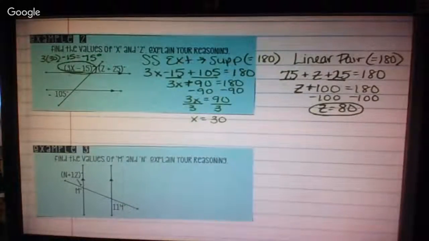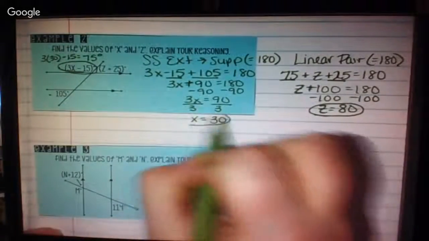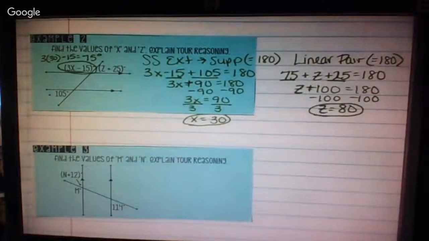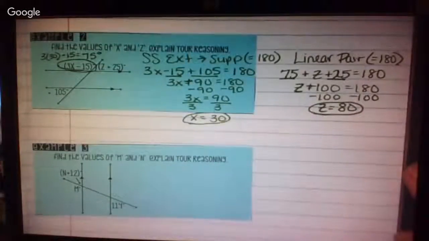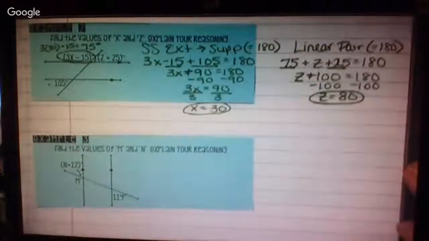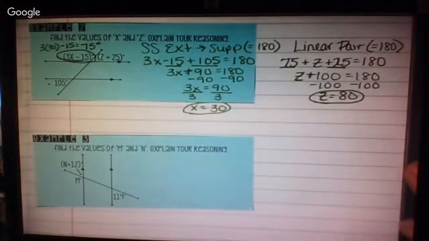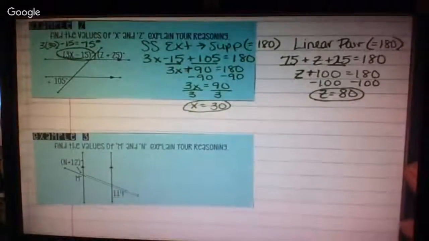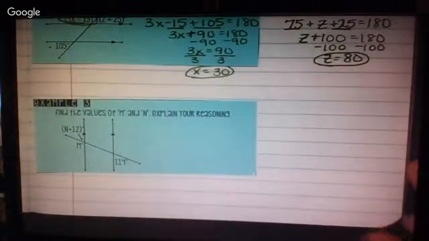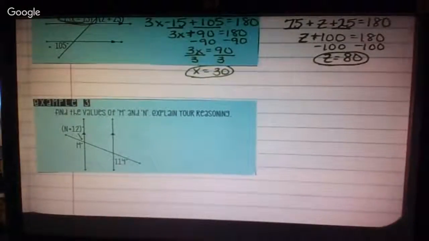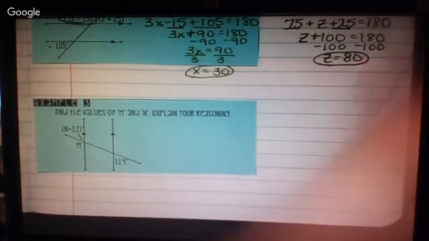That's it for that one. Okay, example 3.